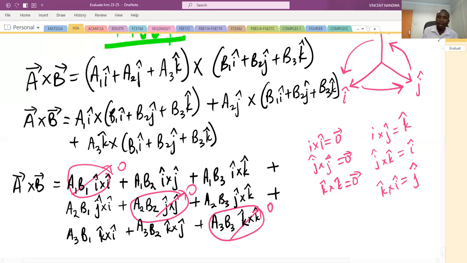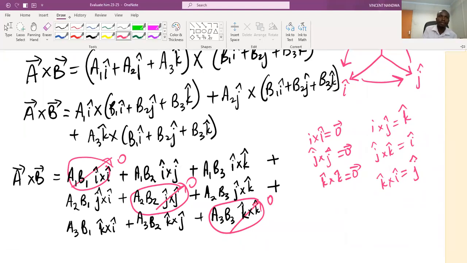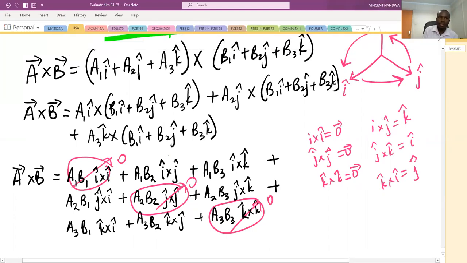But now, where there is i cross j, from this one it is k, so this will be replaced by the k vector. i cross k, the opposite, so this will be negative j. And then j cross i, since i cross j gives us k, j cross i is negative k.